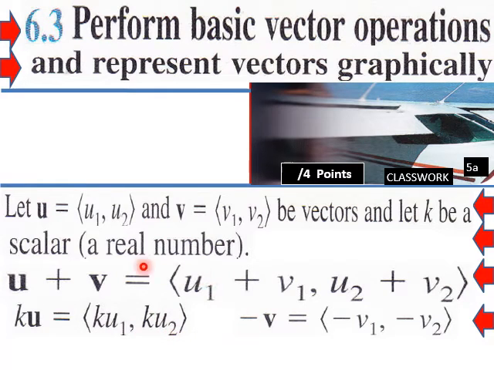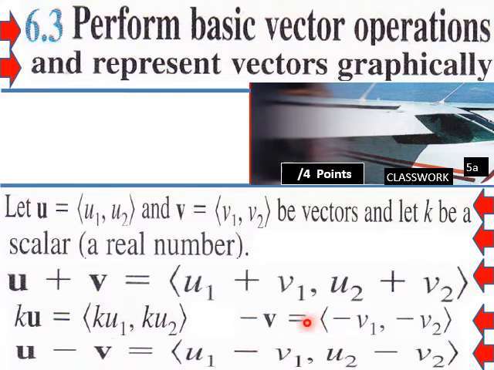And a negative of v in this case would be (negative v1, negative v2). And if we have a u minus v scenario, we would have (u1 minus v1, u2 minus v2). So this is just an example of the different ways that we can add and subtract vectors and multiply them by a scalar.